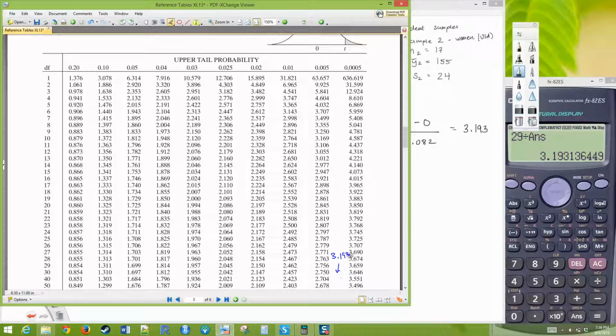So 3.193 is in between these two values, and that means the corresponding upper tail is going to be between .005 and .0005. Is that good with everybody?